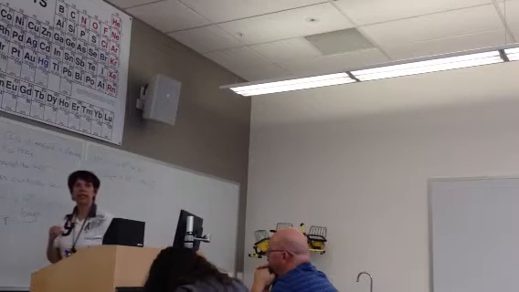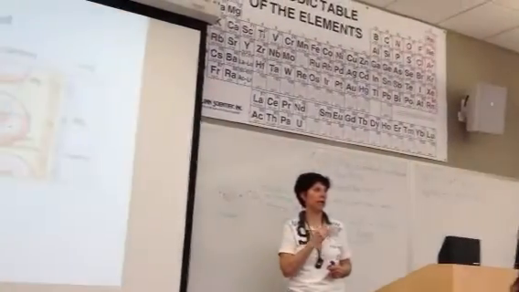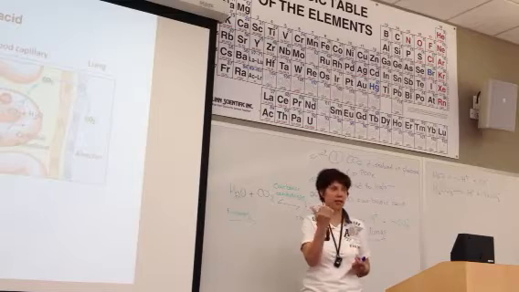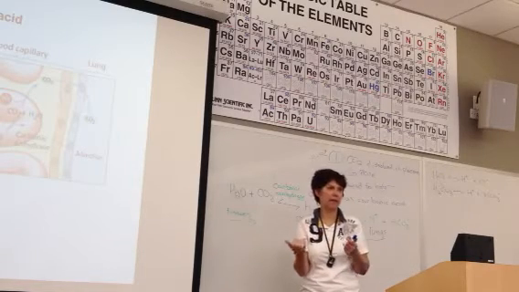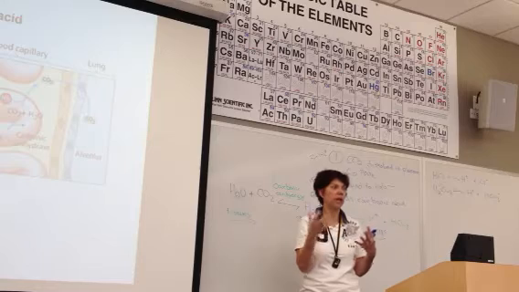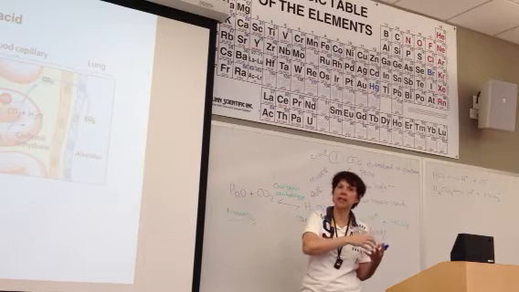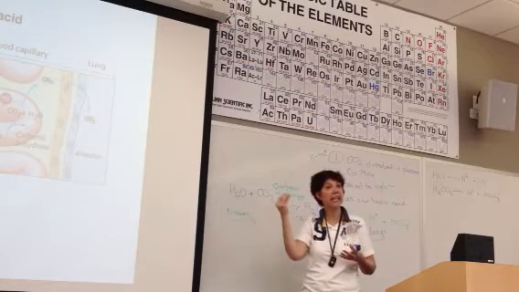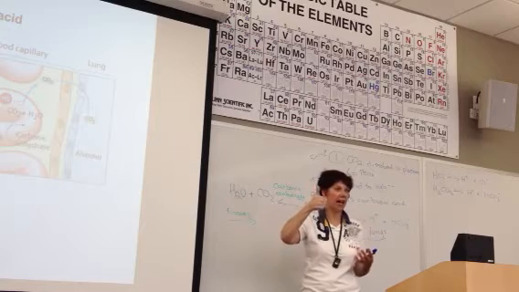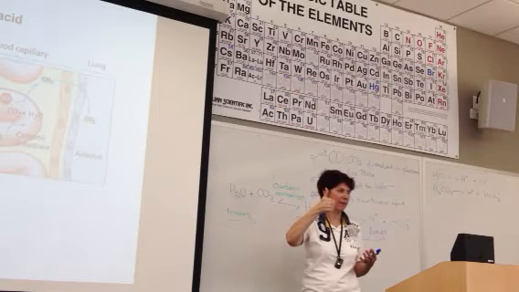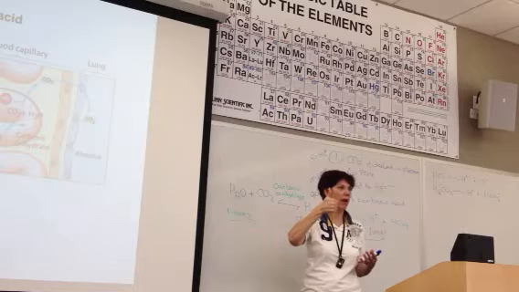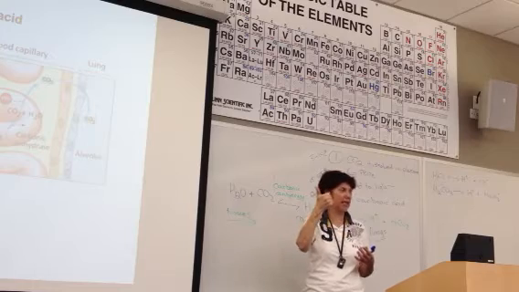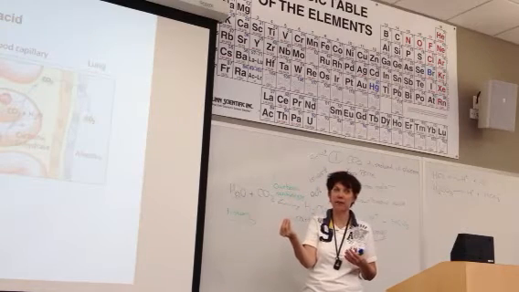However, if you have a condition that prevents oxygen from diffusing across the respiratory membrane, such as pulmonary fibrosis, or emphysema where we've lost alveolar wall structures, not only is oxygen not going to diffuse into the blood, carbon dioxide will not diffuse out. So as that blood leaves, it's going to have a higher PCO2. So it will have a lower PO2 because oxygen is not diffusing in, and a higher PCO2 because carbon dioxide is not diffusing out.